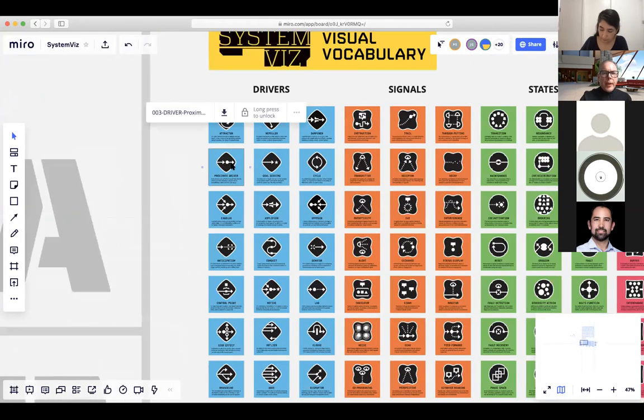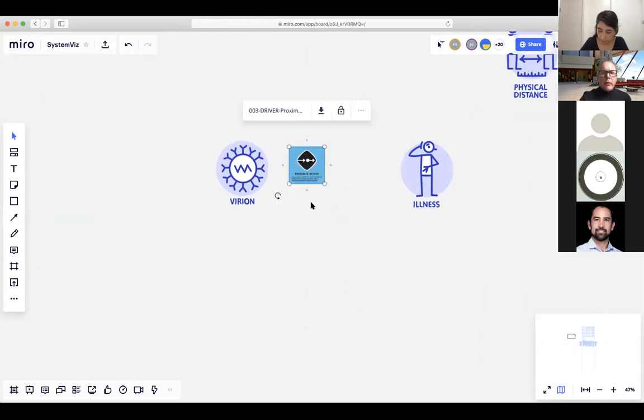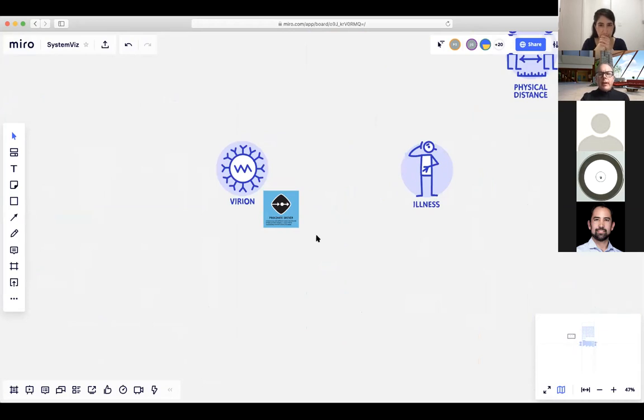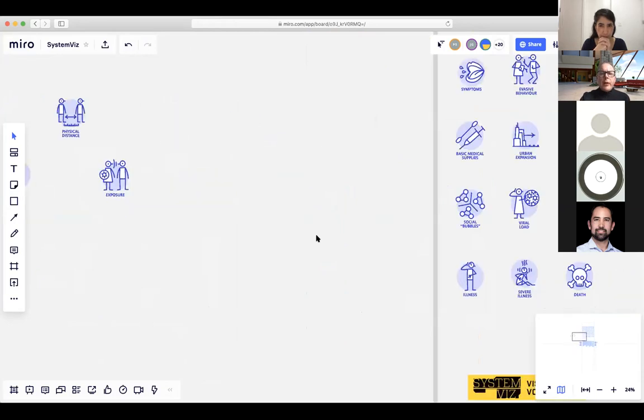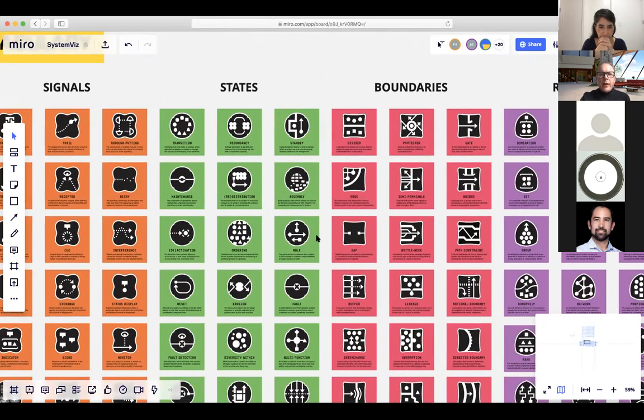First of all, we have the virus, the virome, which is an actant. Even though it's kind of an inert object, once it interacts with an individual, it becomes active and it becomes a kind of live thing. It's also important to point out that a virus is a container.